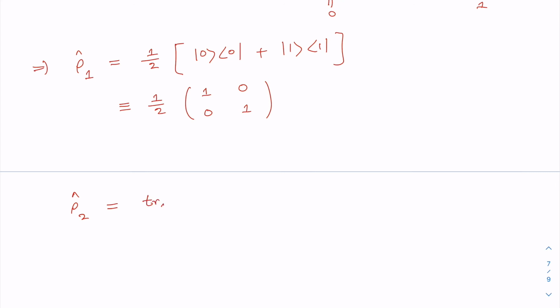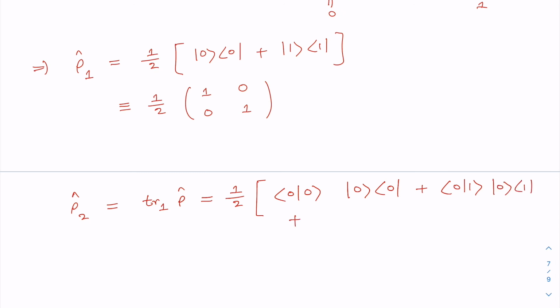Okay, exactly in a similar way I can calculate the reduced density matrix for the second transmon qubit, and for that I have to trace out the first transmon qubit. If I do it again in a similar way, the scalar operation would be on the first qubit. So here I will get ⟨0|0⟩, and the second transmon qubit part will remain as it is, and here I will have |0⟩⟨0|, and |1⟩⟨1|.